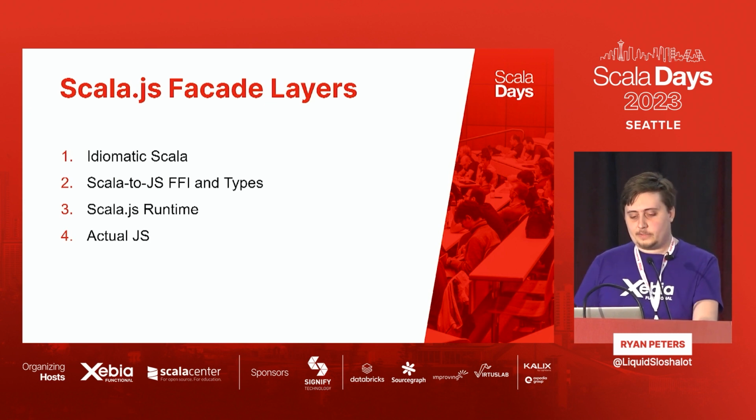A Scala.js facade is basically just a wrapper around one or more of these different layers here. At the very bottom, you have actual JavaScript, the part that you want to avoid. Then you have the Scala.js runtime, which abstracts on top of that. It figures out things like the type mapping. For example, in Scala, you have ints.